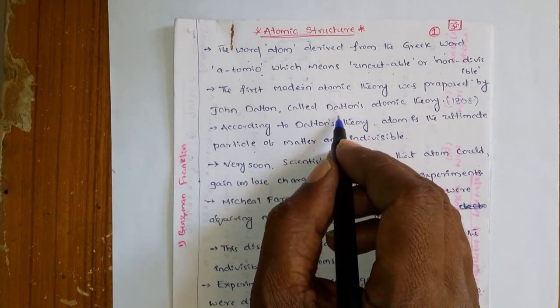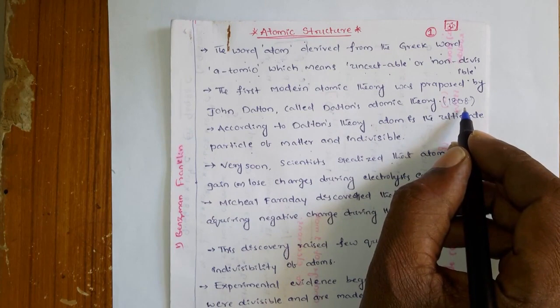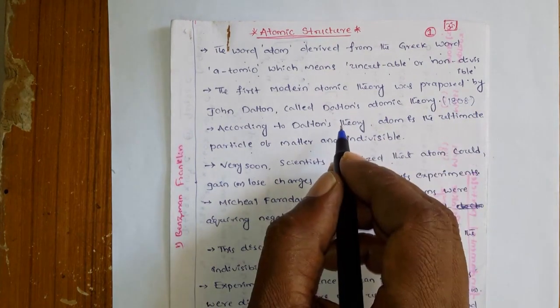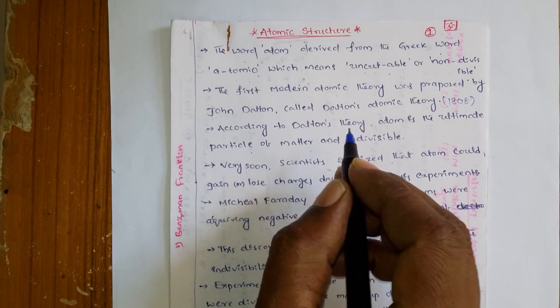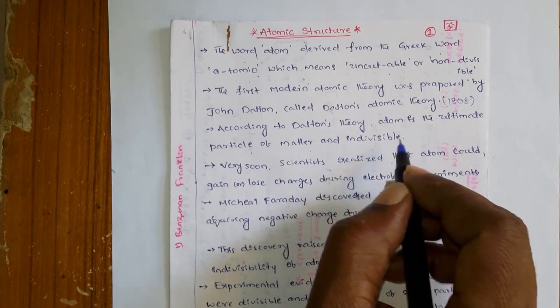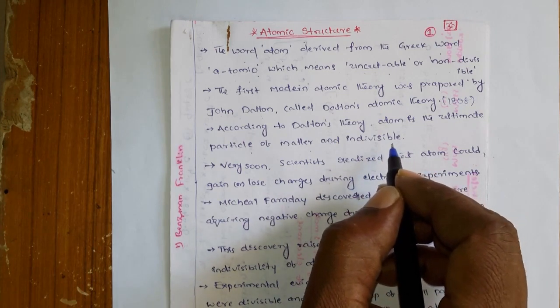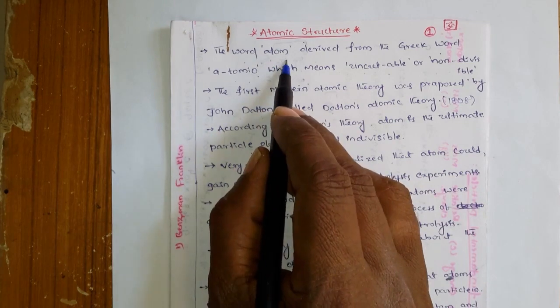According to Dalton's atomic theory, in the year 1808, they assumed that was the smallest particle and that it was indivisible. And what is that? That is nothing but an atom.